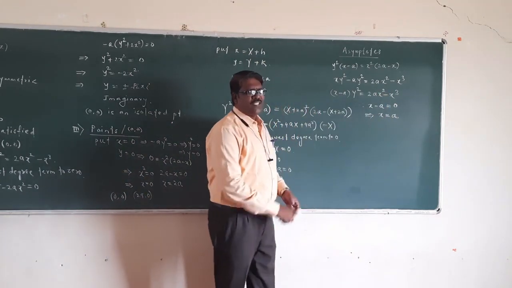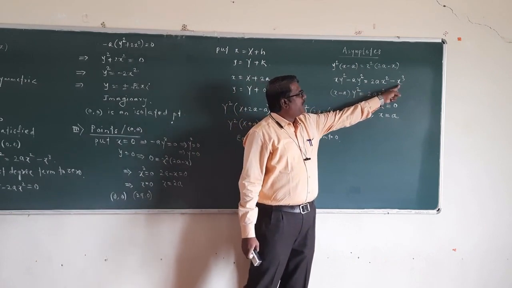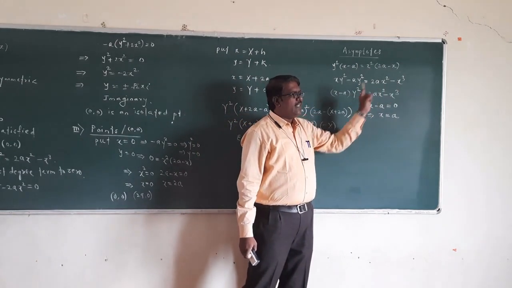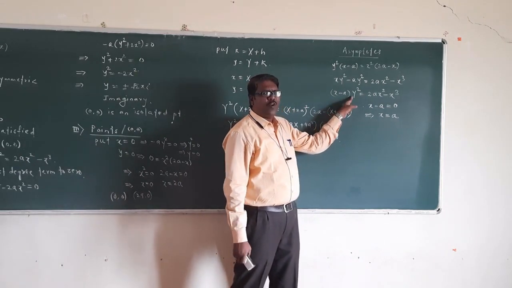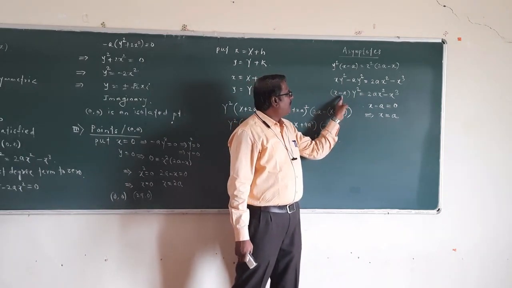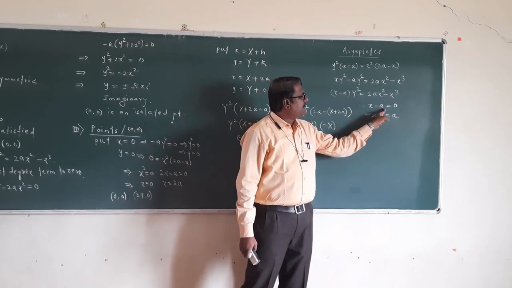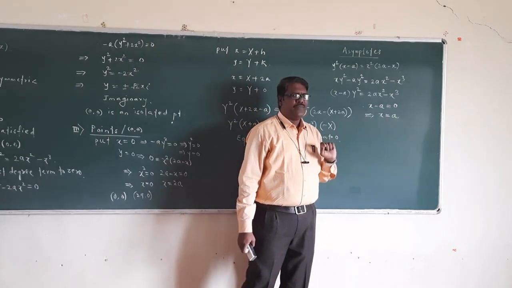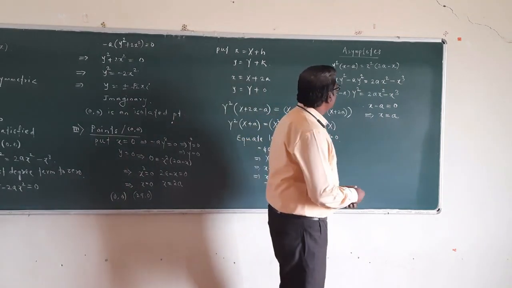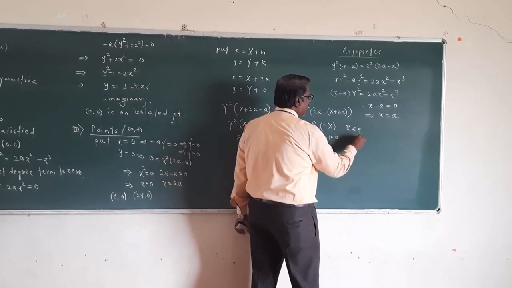So there is no asymptote parallel to x-axis because the coefficient of x cube is constant, and there is only one asymptote parallel to y-axis, and that can be obtained by putting the coefficient of y square to 0. So that is x minus a is equal to 0, which implies x is equal to a. Okay. Now we will move towards the next point, that is the region of absence.